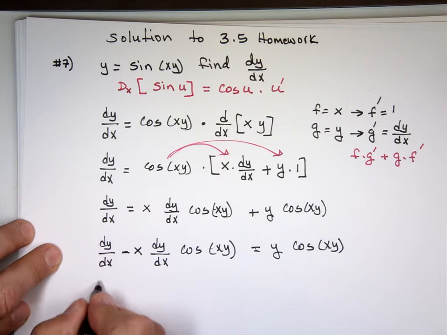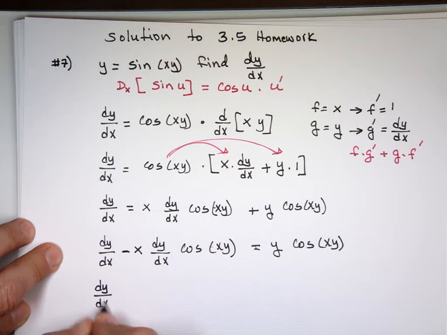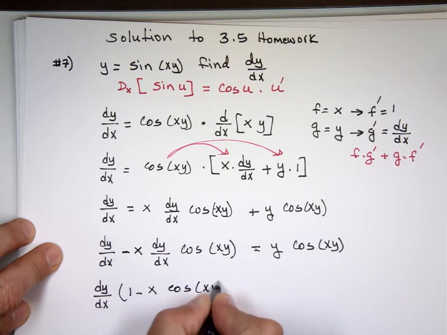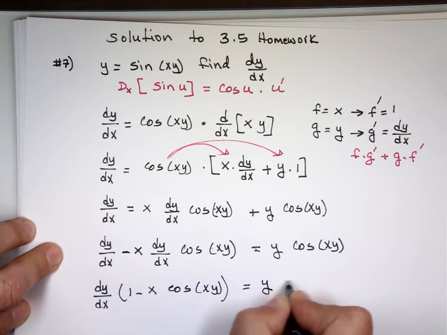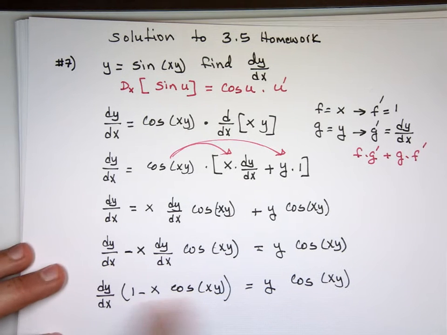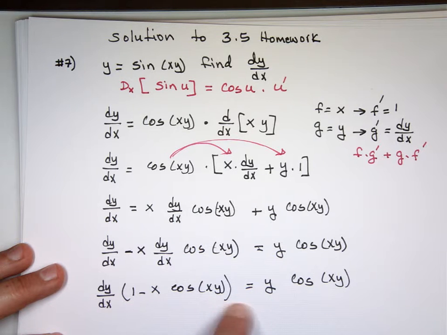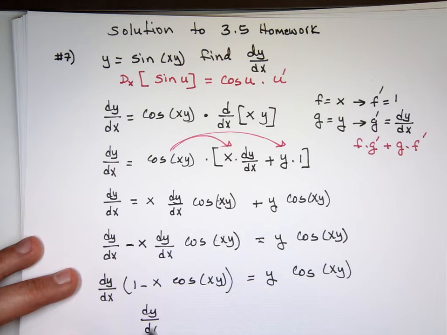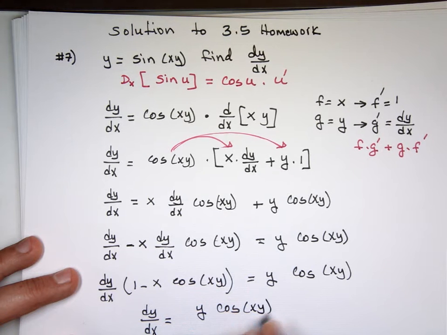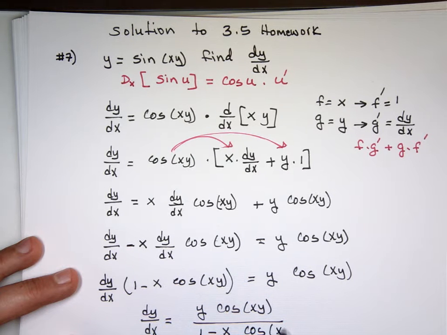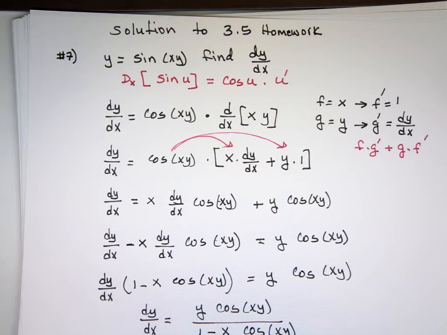Factor dy dx out. And finally, to solve for dy dx, we divide by all of this. So what is dy dx? Y times cosine of xy over 1 minus x cosine of xy. And that should be the answer.